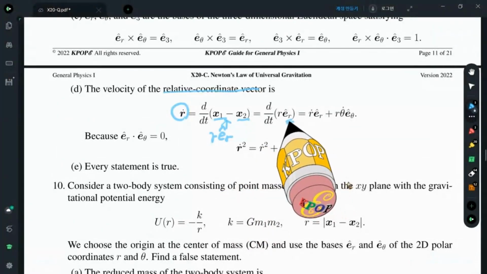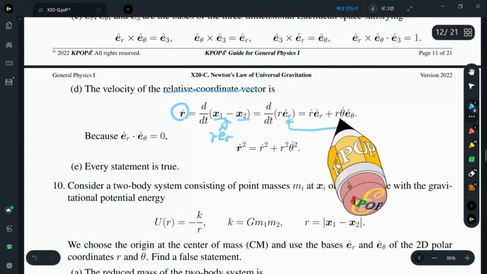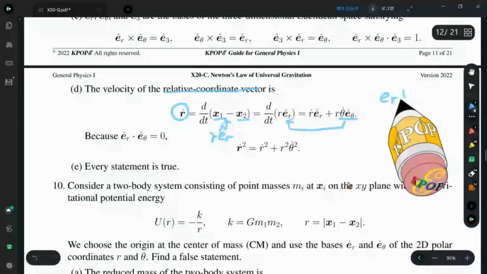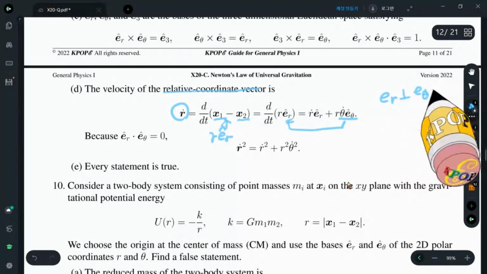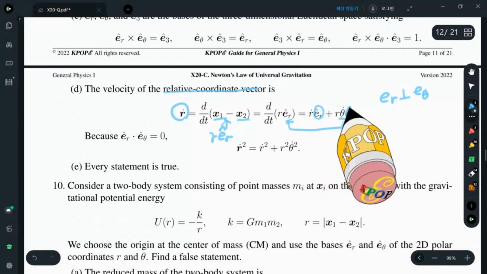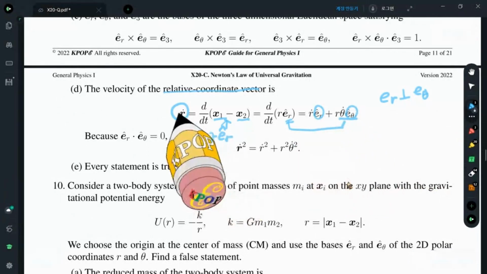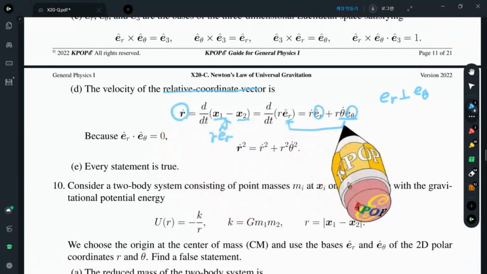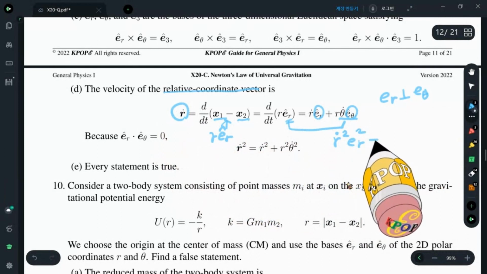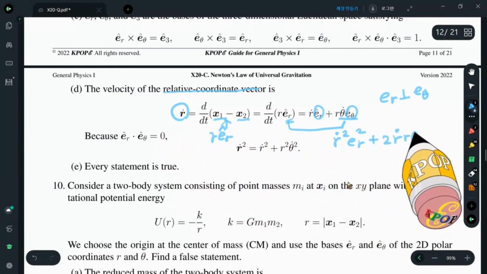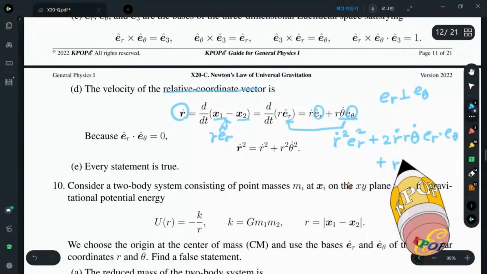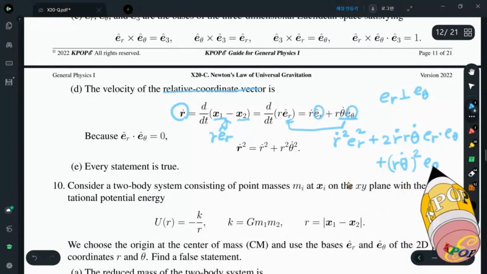We remember the derivative of the unit radial vector is theta dot e theta. And because e_r and e theta are perpendicular to each other, the square of this vector is r dot squared e_r squared plus 2 times r dot r theta dot e_r dot e theta, plus r squared theta dot squared e theta squared.